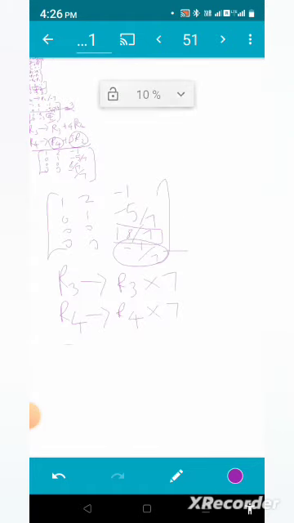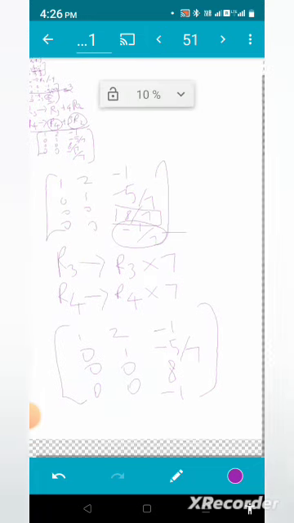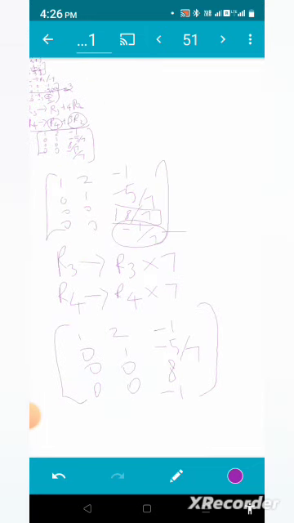So I get 1, 2, minus 1, 0; 1, minus 5 by 7, 0; 0, this is here 8, because the 7s are cancelled, the balance is 8, I put 8 here. Then 0, 0, minus 1, 7 by 7, the 7s are cancelled, then I get this number. From this I create 0 here.